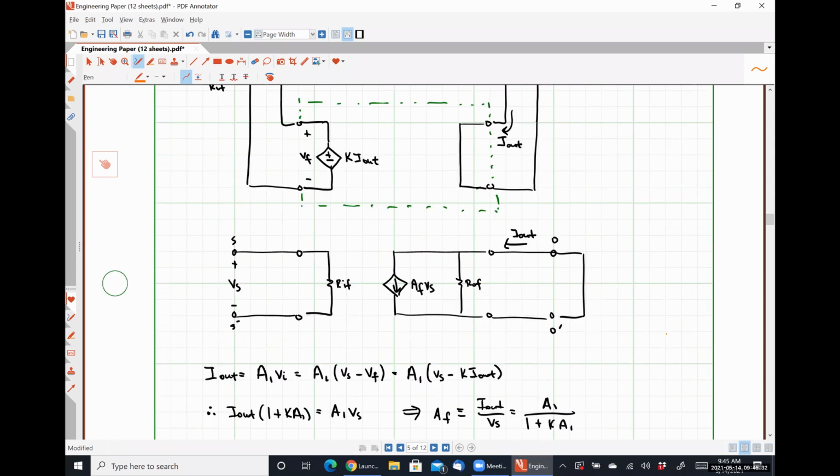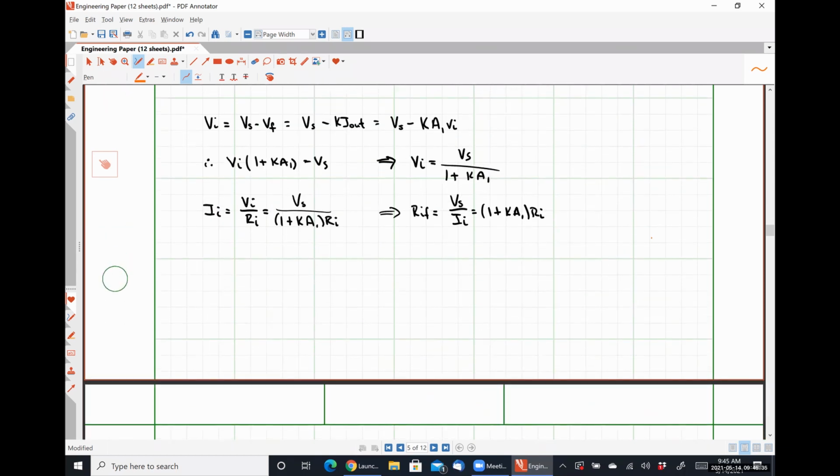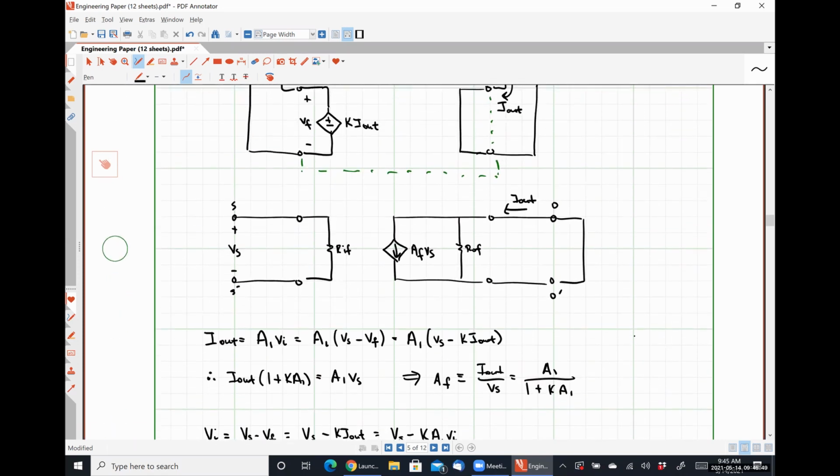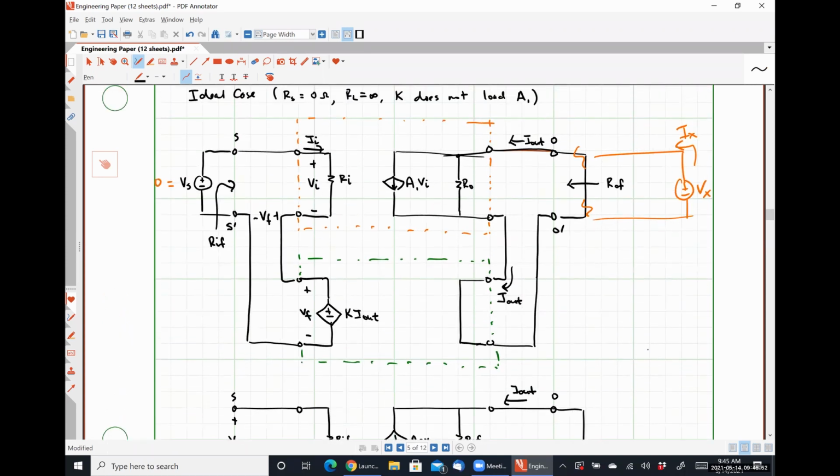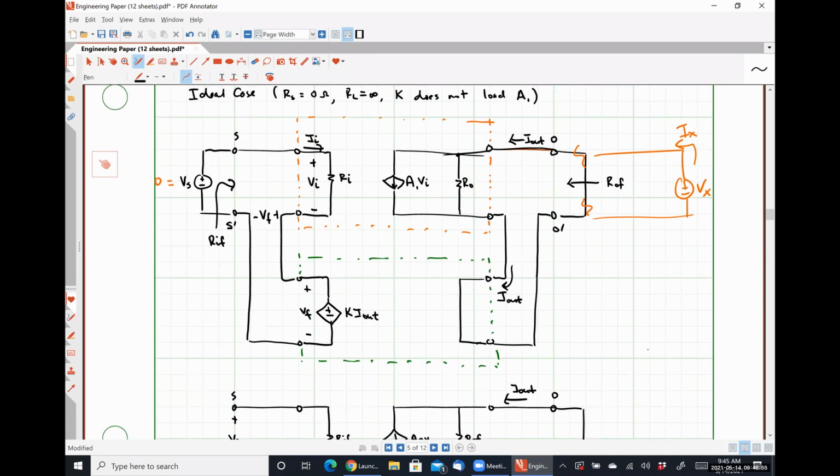Okay, so from that, we have Ix is equal to I_out, which is equal to, so let's look at what's going on here. I'm applying Kirchhoff's current law at this node. I know that my current I_out splits between my dependent source and my open loop output resistance. So I'm going to have A1 times VI as one of my terms.